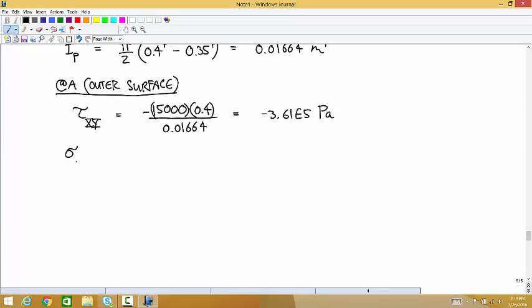So the stress tensor at A is 0, negative 3.61 times 10 to the 5, 0, negative 3.61 times 10 to the 5.